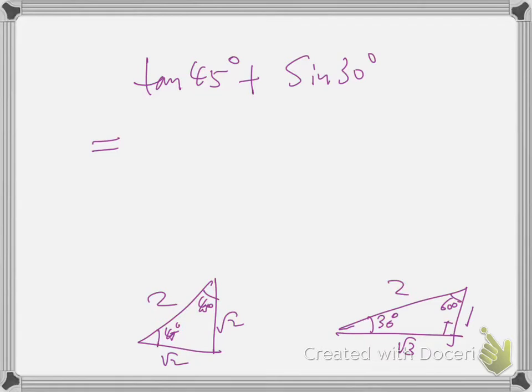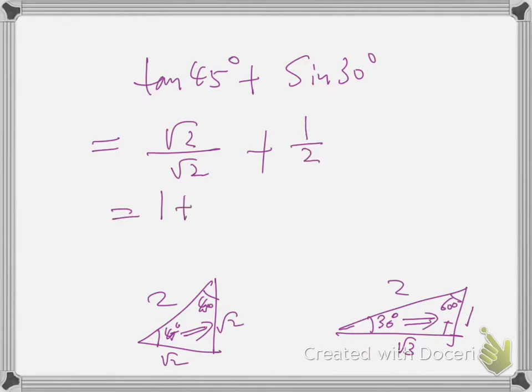Then we use the definitions. Tangent 45 is opposite over adjacent, so radical 2 over radical 2, plus sine 30, which is opposite over hypotenuse, 1 over 2. So this is 1 plus 1 over 2, which is 1.5 or 3 over 2 or 1 and 1/2.